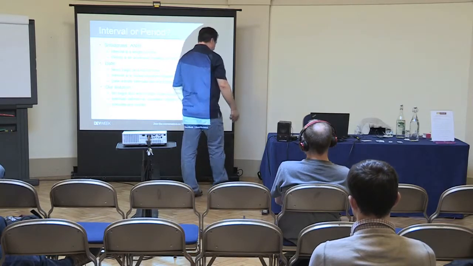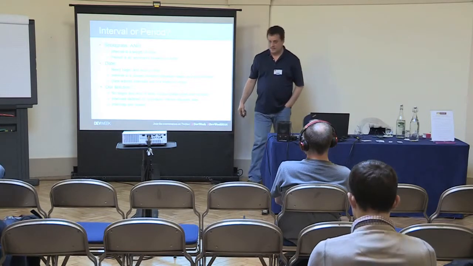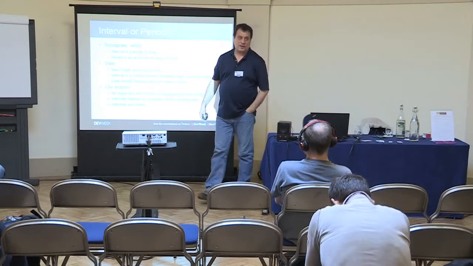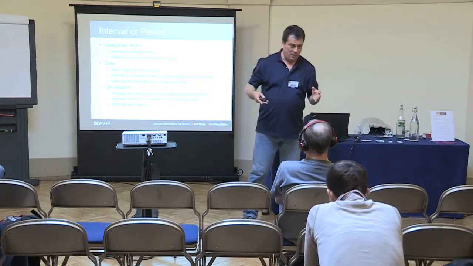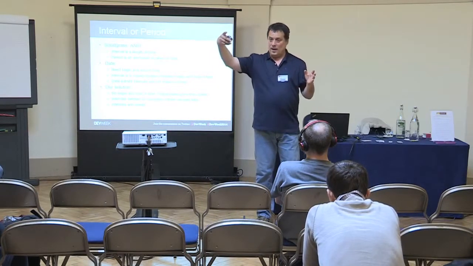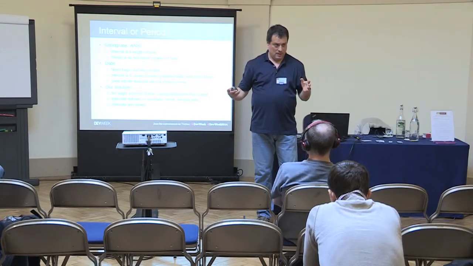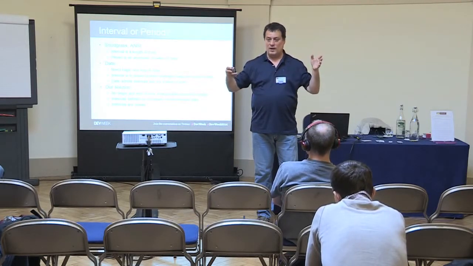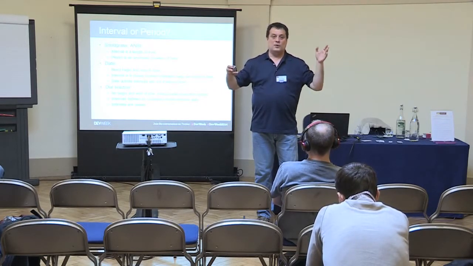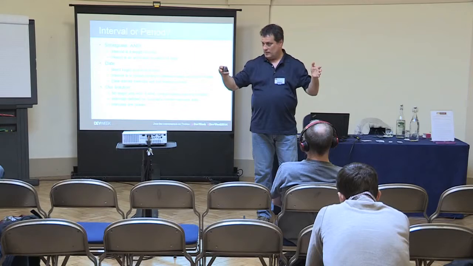Once you work with discrete sets, it turns out that it doesn't matter whether you work with open or closed intervals, open in terms of whether the boundary is part of the interval or not. So with discrete sets like integers, for example, an open interval from 2 to 6, open on both sides, is the same as closed from 3 to 5.